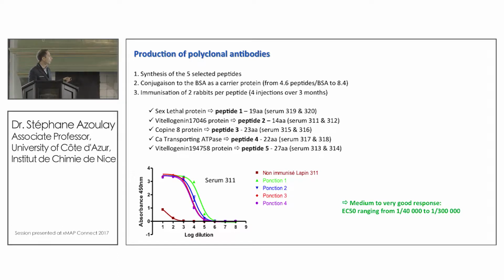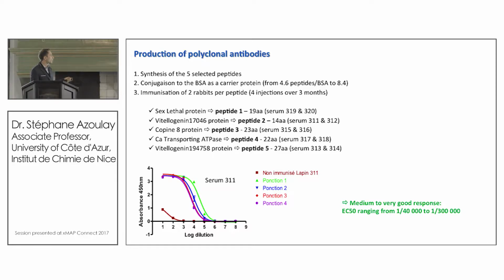We checked every time the coupling ratio of the peptide on the BSA, and then for each peptide we immunized 2 rabbits over 3 months with 4 injections in French adjuvant. For each protein, we then have one peptide used as a biomarker, and two sera for each one.